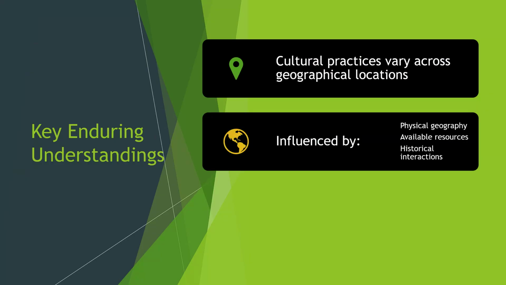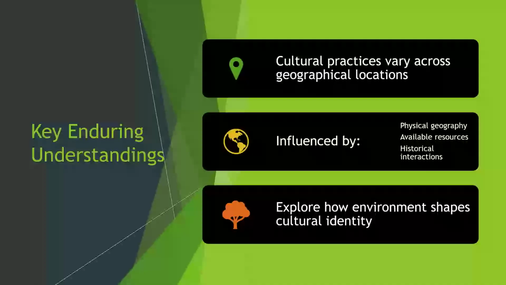These are often influenced by physical geography, available resources, and historical interactions. And this also explores how environment shapes cultural identity too. So kind of pulling in some of those ideas from human environment, like cultural determinism and environmentalism and things like that.